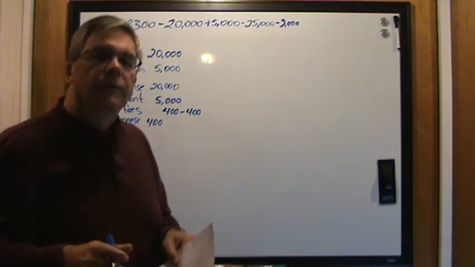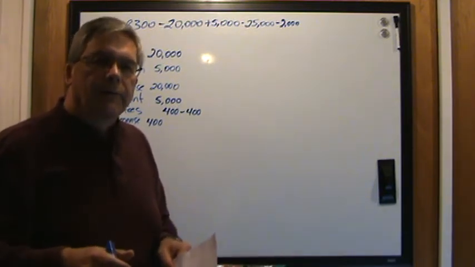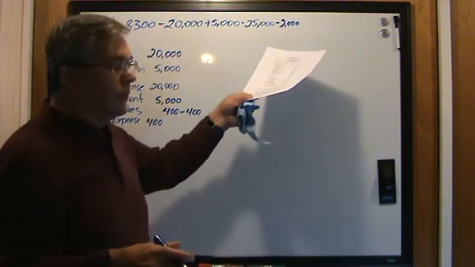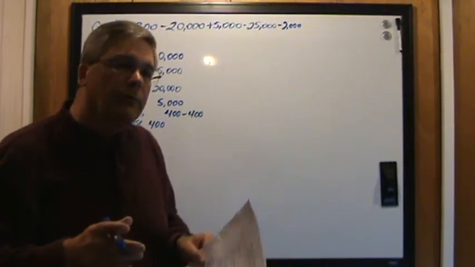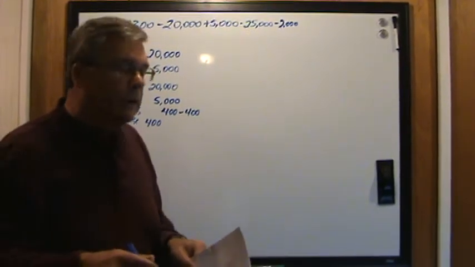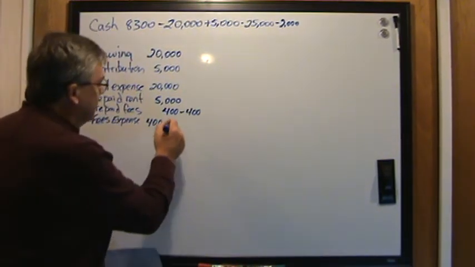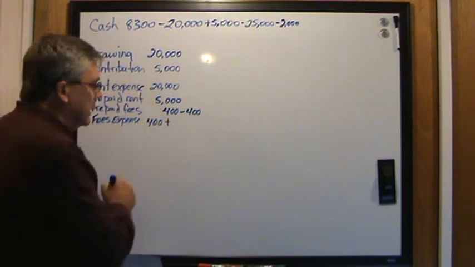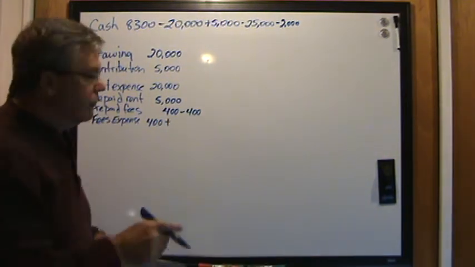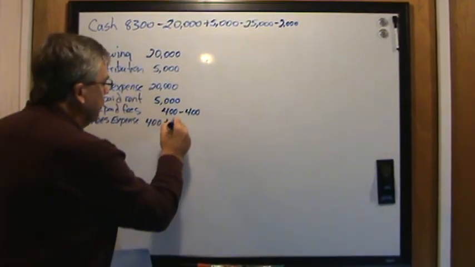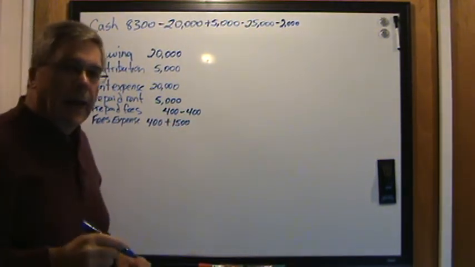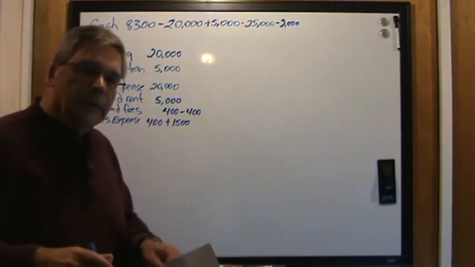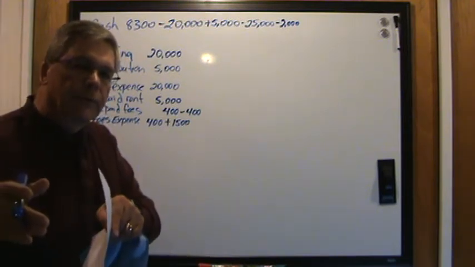If you divide 4 into 2,000, you'll get a fees expense of $500 per quarter. So 3 of those quarters will be an expense in 2014, so we'll add $1,500 to this account, and the remaining $500 is for the first quarter of 2015.